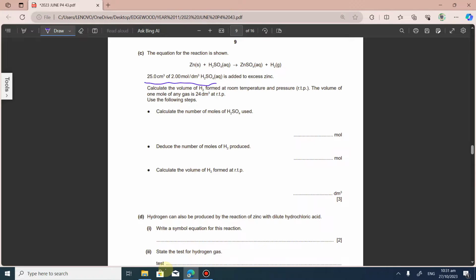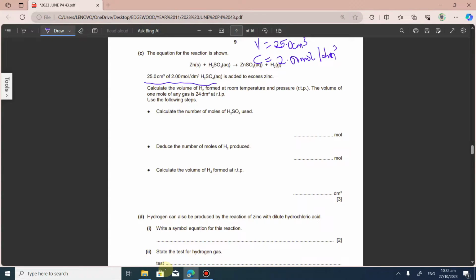Calculate the number of moles of the sulfuric acid used. Now to get the number of moles of sulfuric acid used, remember that we are given the volume of sulfuric acid to be 25.0 cm³. And we are given the concentration of sulfuric acid to be 2.00 mol/dm³.